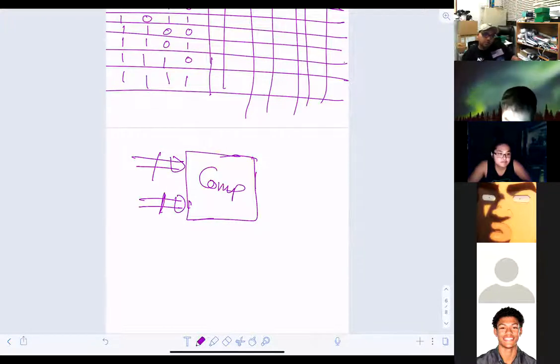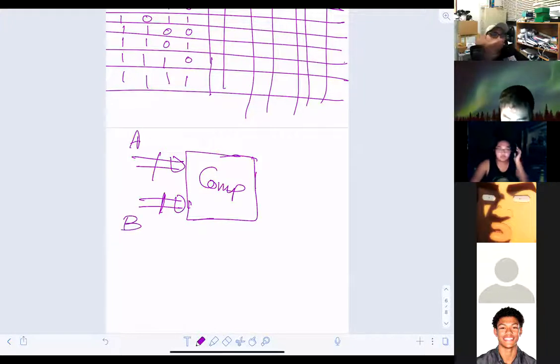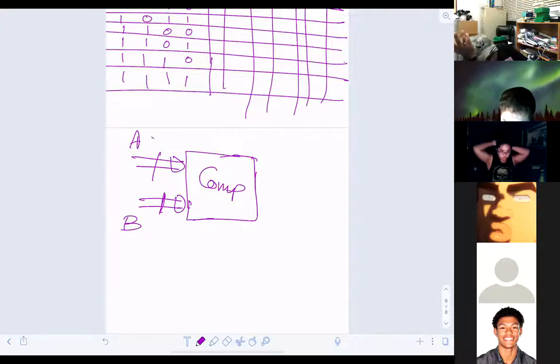Here is a 2-bit comparator, A and B. When I say 2 bits, that means every single input is represented in 2 bits. So this is 2 bits and this is 2 bits.